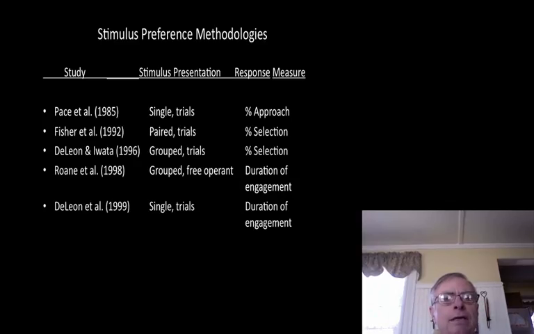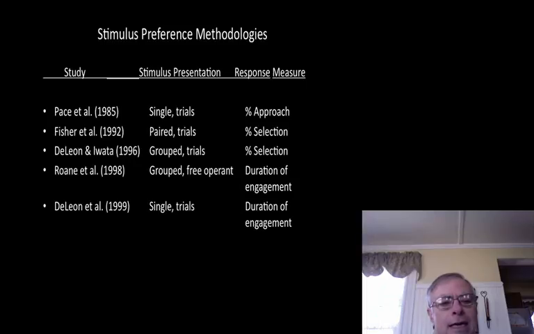The first thing is just to lay them out in a table form. The main 5 articles that you need to pay attention to as far as systematic preference methodology begins with the article by Gary Pace and his colleagues in 1985. Fisher, De Leon, and Iwata, or De Leon is better known as Willie by all of his friends and colleagues.